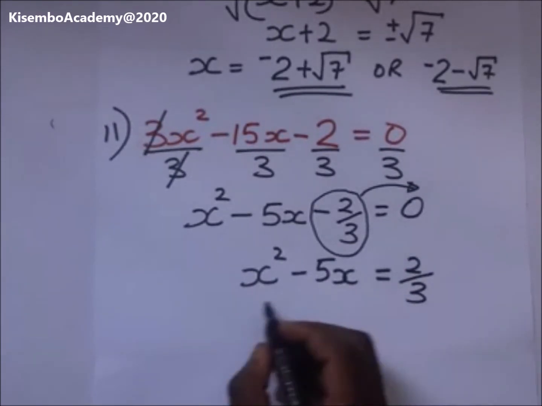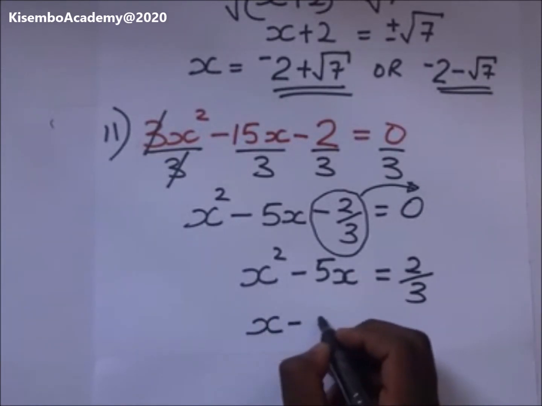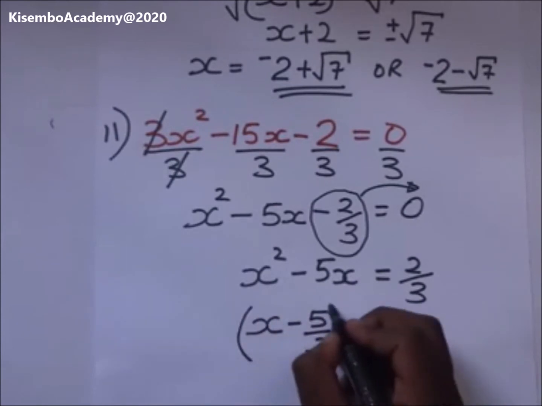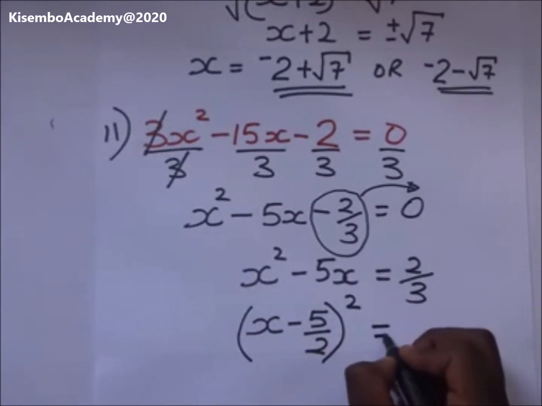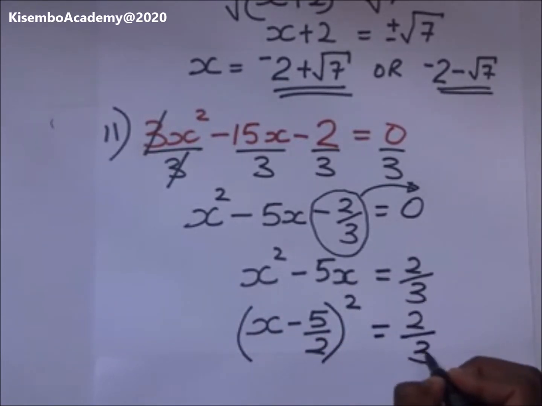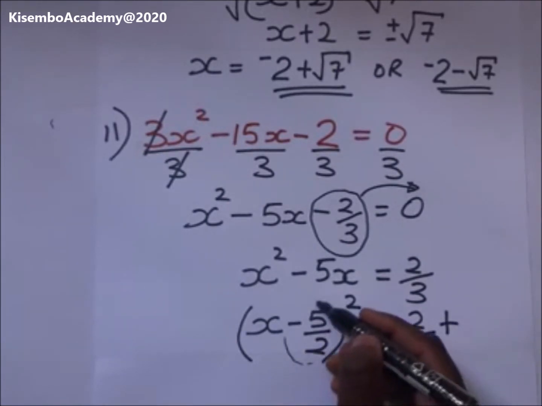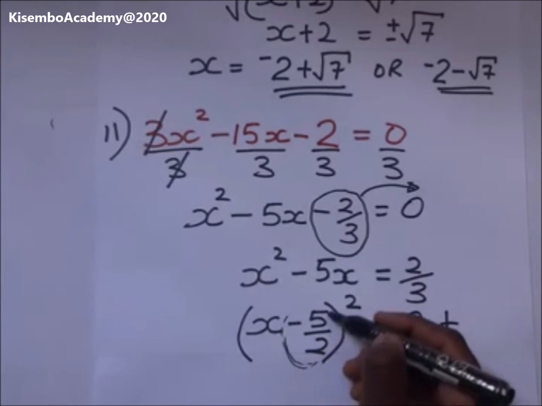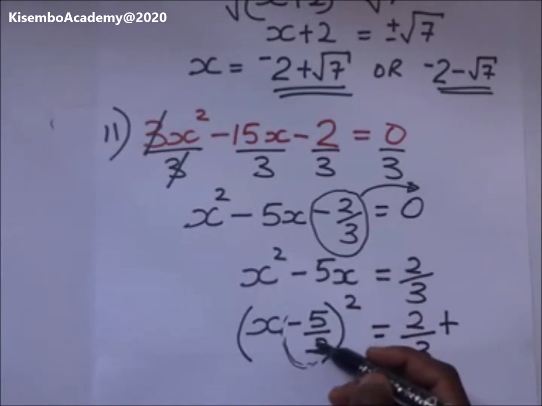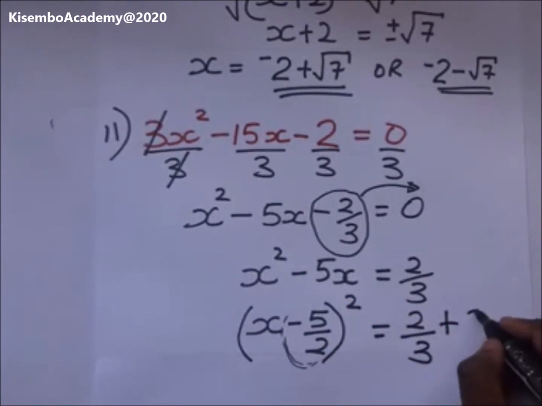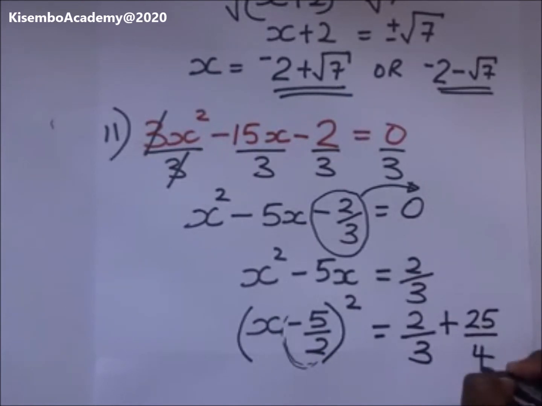So this is going to become x minus negative 5 divided by 2, this whole thing squared, is going to be equal to 2 over 3 plus this term squared. So it's going to be negative 5 over 2 squared, giving us 25 over 4.